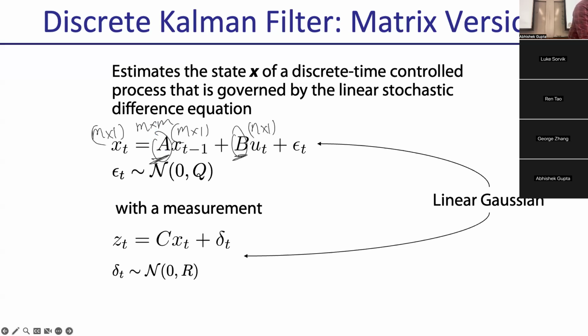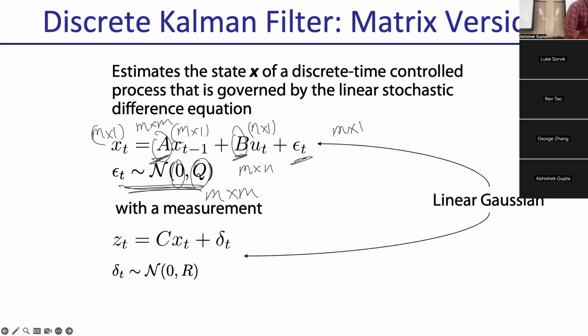M by n. Then the epsilon you sample is again a vector, an m by 1 vector. Similarly, your noise is sampled from mean 0, covariance Q, and Q is again an m by m matrix. Whenever you think about these matrix dimensions, just pattern match with this.